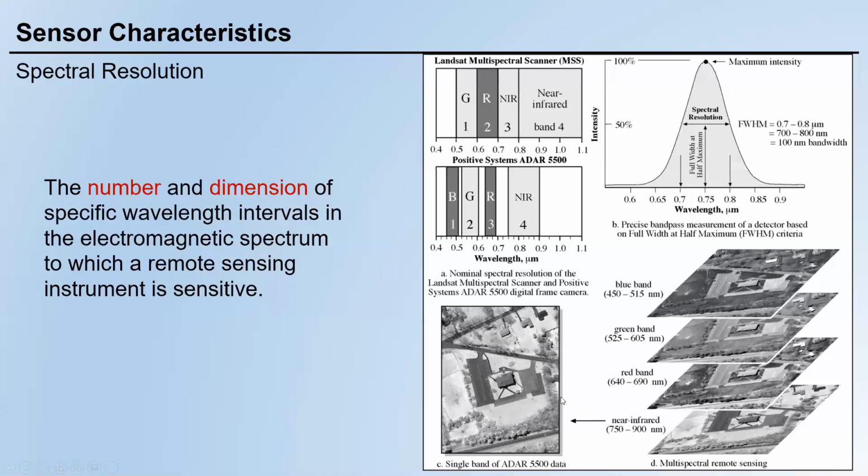Because ADAR 5500 has 4 bands, for the same area it can produce 4 images for all these 4 bands: blue band, green band, red band, and near infrared band. So in the next slide, I'm going to tell you why the narrower the band, the better the sensor.